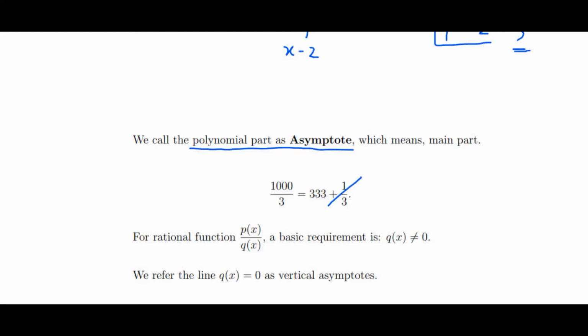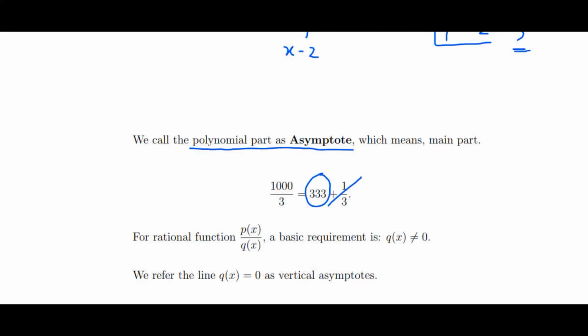Just like $1,000 can be separated among 3 people. Each one can get $333. So this is some 30 cents. Nobody cares, right? So this is the main part, the integer part, and we call this part the asymptote.